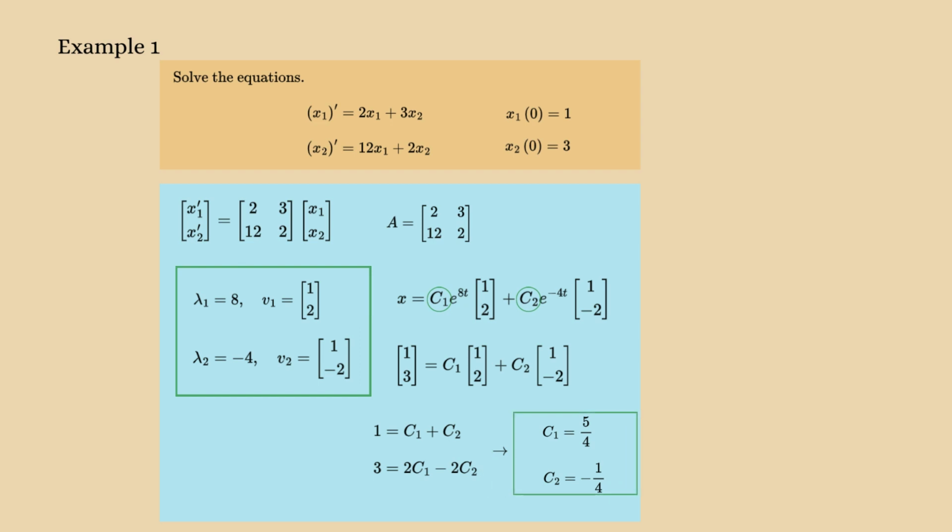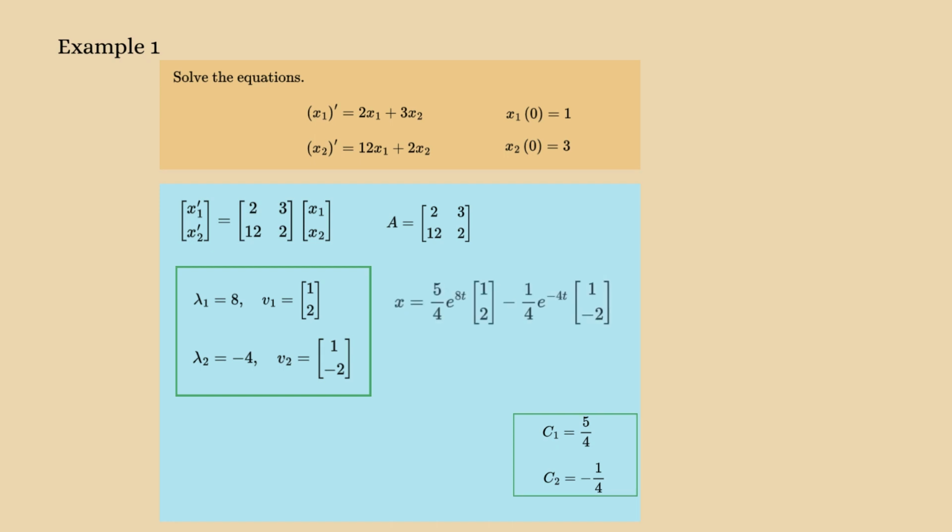After getting our c1 and c2, we should go back to our formula for x and replace c1 and c2 by the corresponding numbers. After the replacement, we get an expression for our x. There's another way to rewrite the right-hand side. If we look at the first component of the right-hand side, that will be 5 over 4 exponential 8t times 1 minus 1/4 exponential negative 4t times 1.